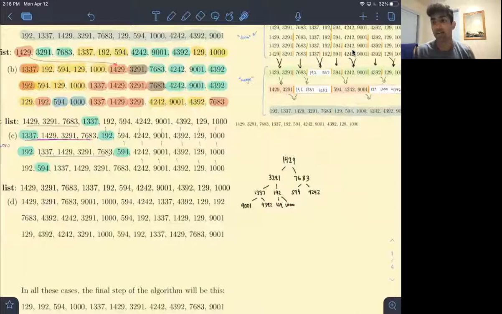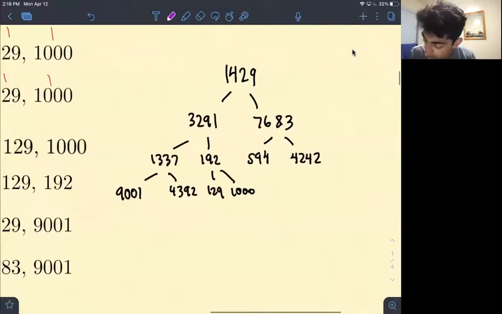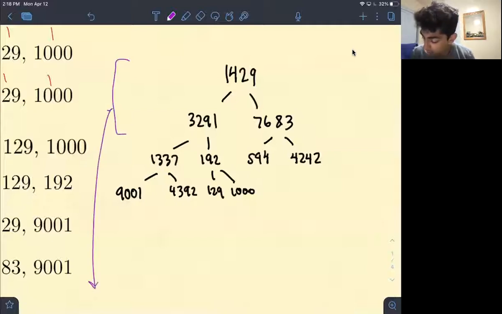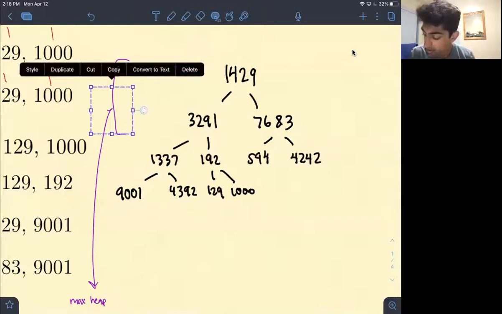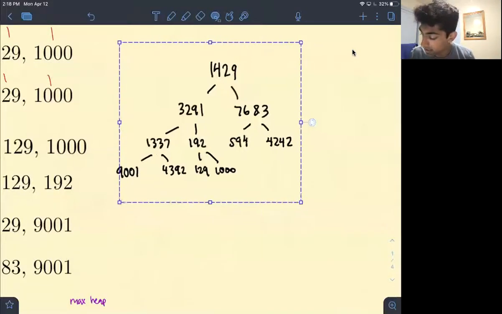Now what we're going to do is take the current state of the array visualized as a heap, and make it into a max heap, right? So what we're doing here is that we're trying to take this and move it into a max heap. So let's walk through those steps of taking this and making it into a max heap.